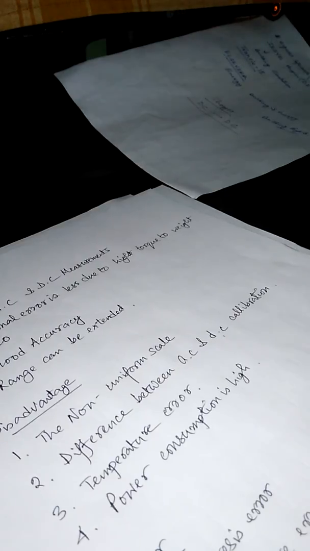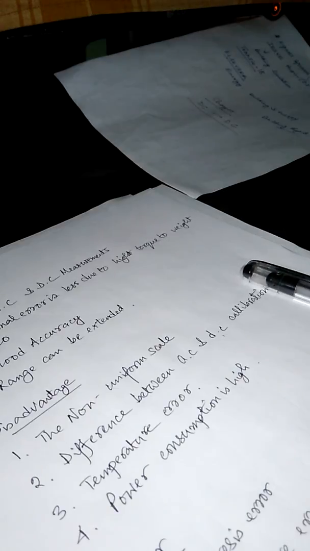Hysteresis error, we already defined, means that for the same flux density, for ascending and descending current, they don't show the exact value. So that is hysteresis error. We know that for a magnetic material there is always a hysteresis part that affects the reading.